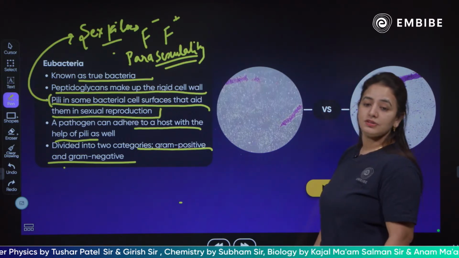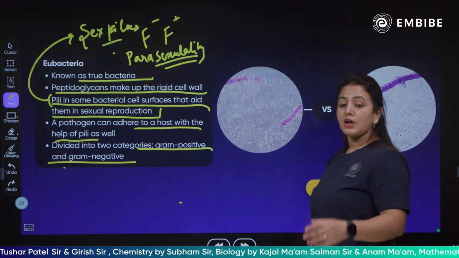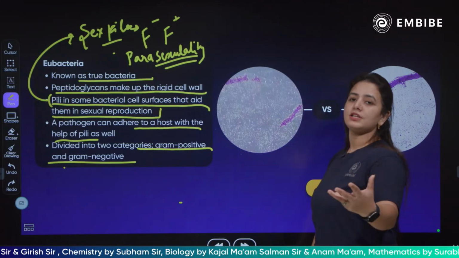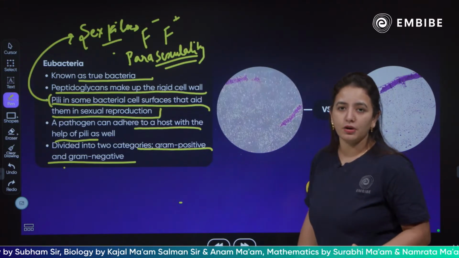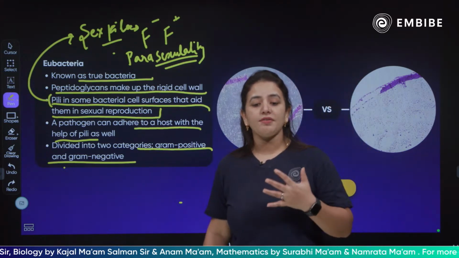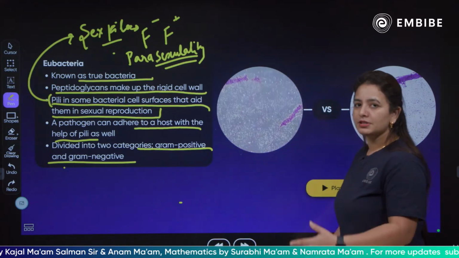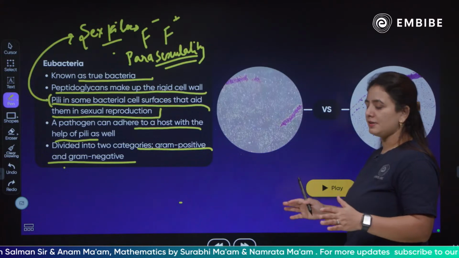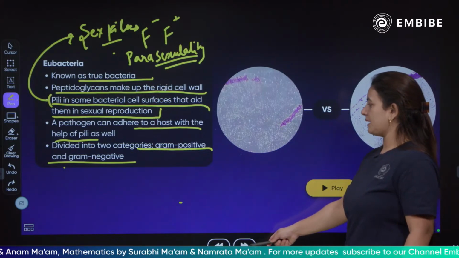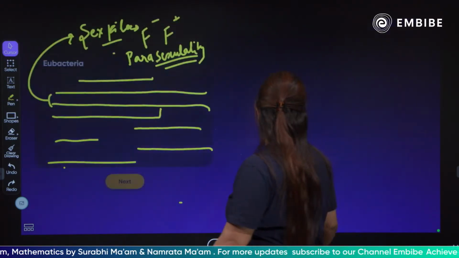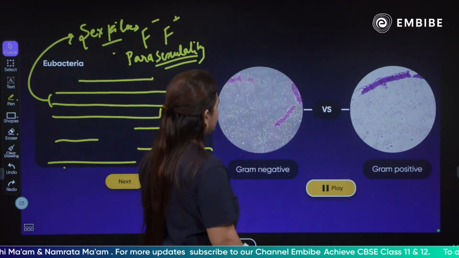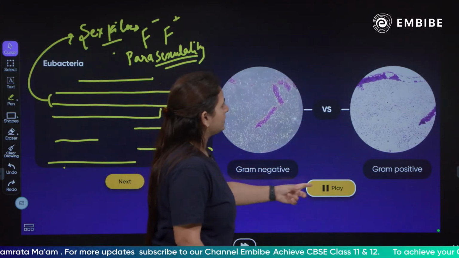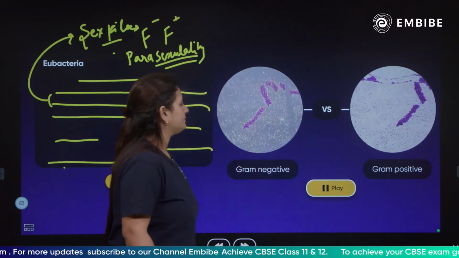Okay, I hope this is very clear, because this is what the session was all about: why Archaebacteria and Eubacteria are not part of typical monerans, why they have their subdivisions. The monera is further subdivided into two, Archaebacteria and Eubacteria. I think I missed this. Can you see this? This is gram negative, children, this is gram positive.